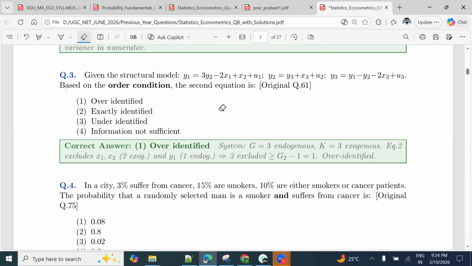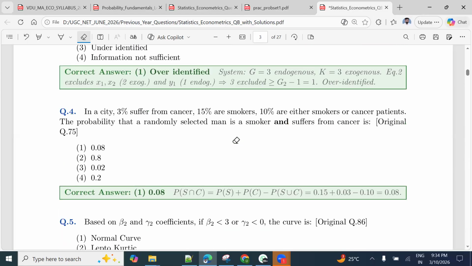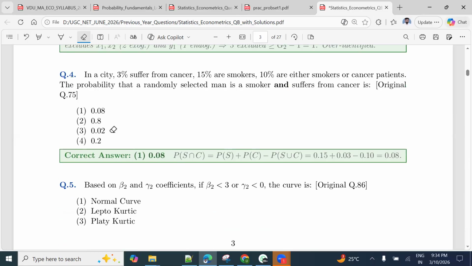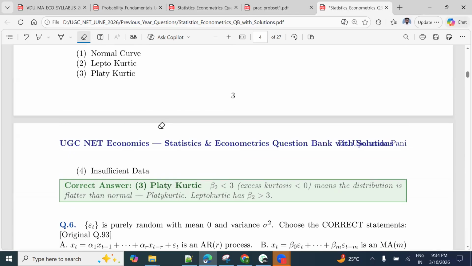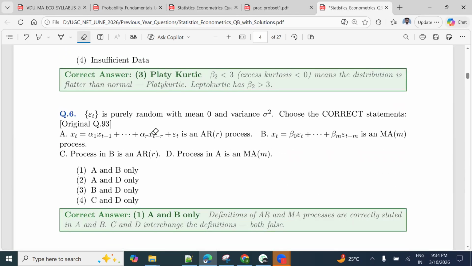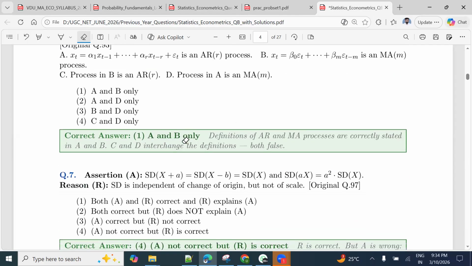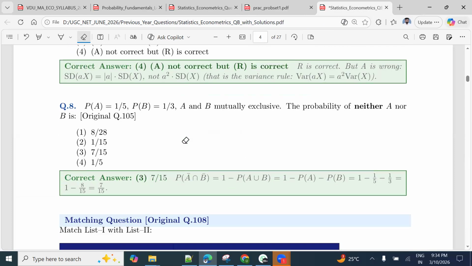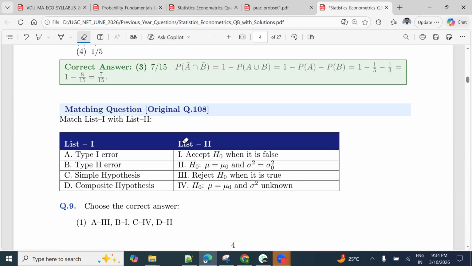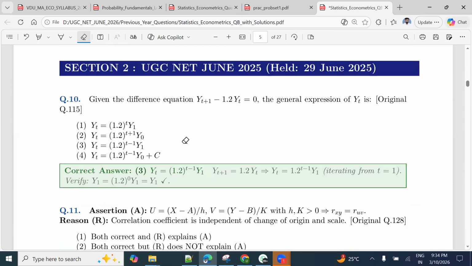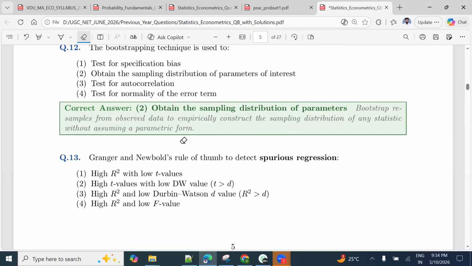See, question number 3, now I cannot discuss like this, rank order condition, you need time. Of course question number 4 we can discuss, but again the ARIMA process we will not be able to discuss. We can discuss only a few exam questions related to probability.